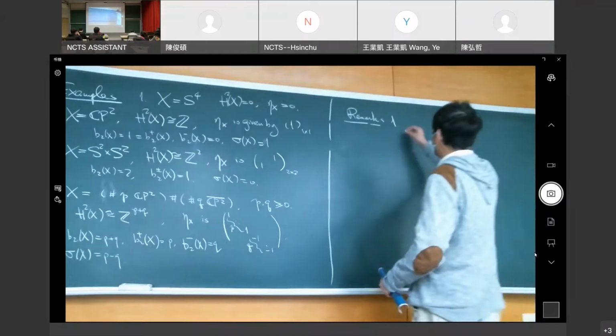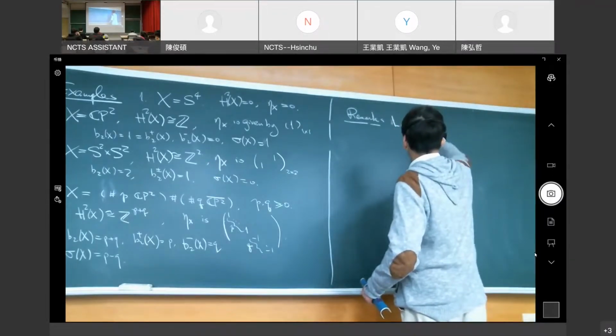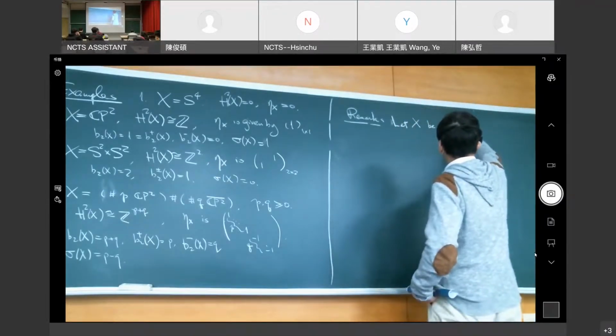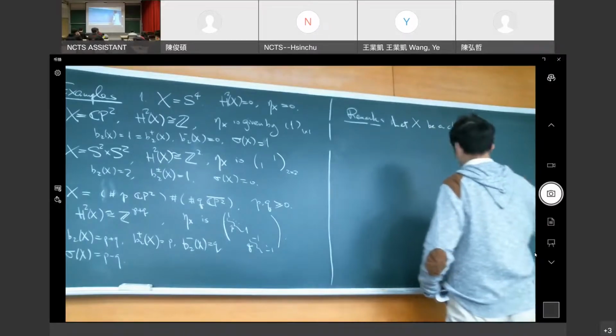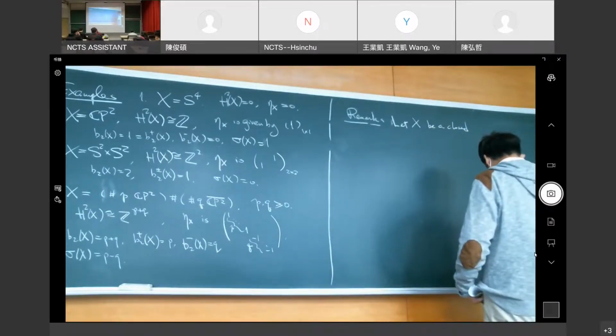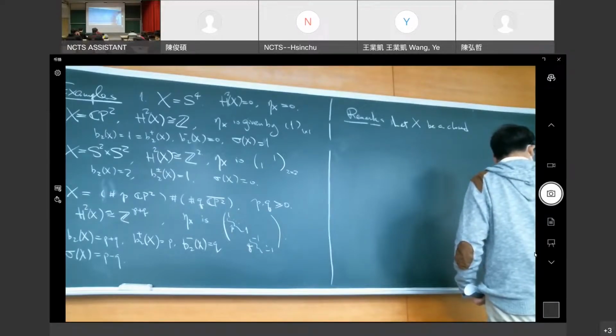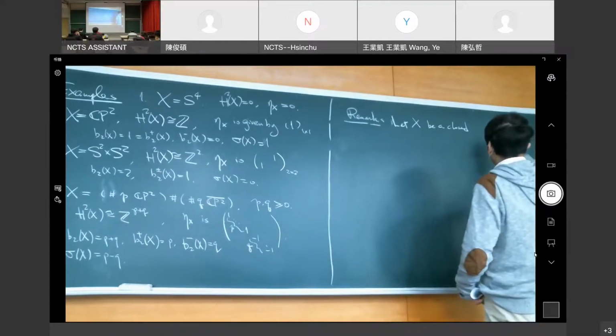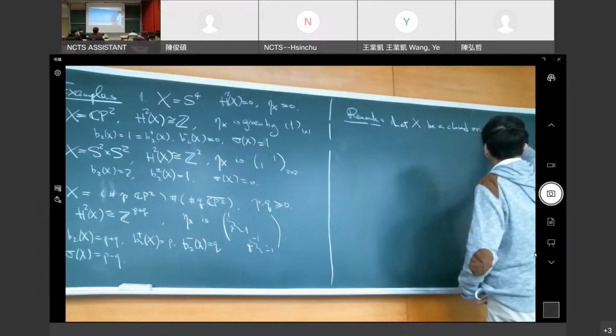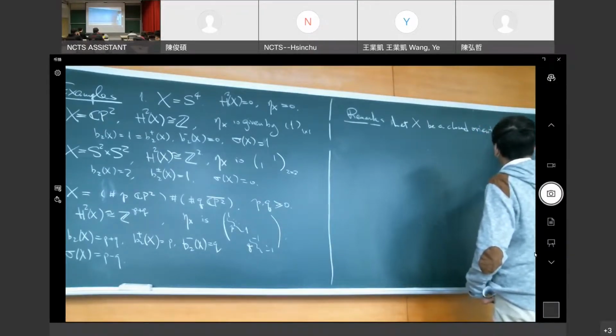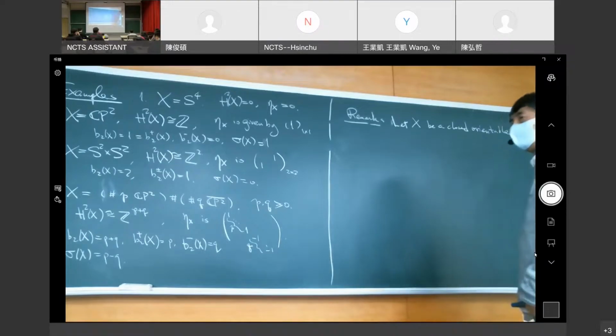So first of all, let X be a closed oriented or orientable, smooth four manifold, because I want to consider the tangent bundle.